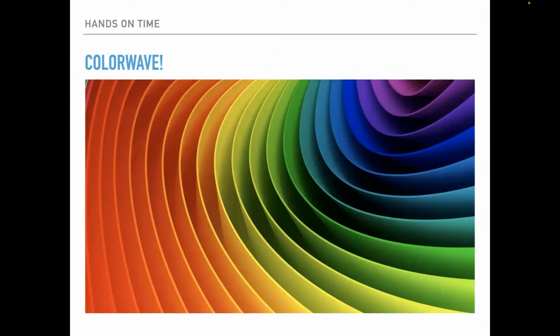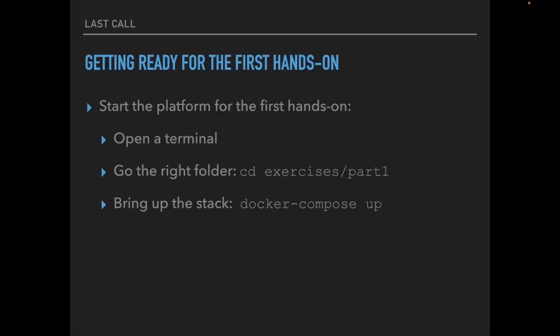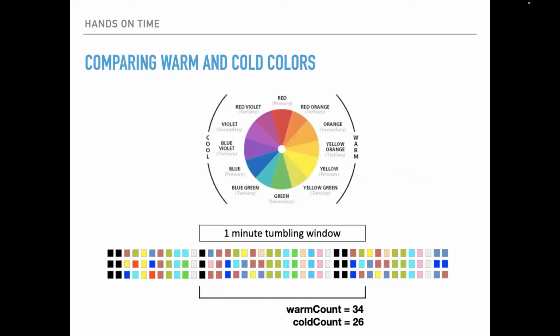Okay, I think I leave the ground now to Matteo to do a demo. We call it color wave because we are going to demonstrate over a very simple synthetic stream of colored boxes the queries that we were showing before.